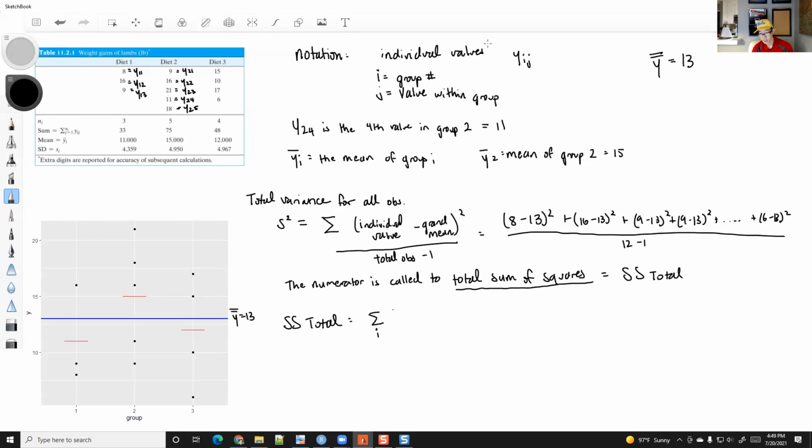You have a double summation. And the idea here, you're going to take each individual value, subtract off the grand mean, square it, and the sum over j means add up the squares for all j observations in a group.